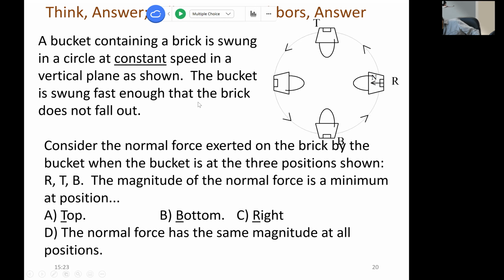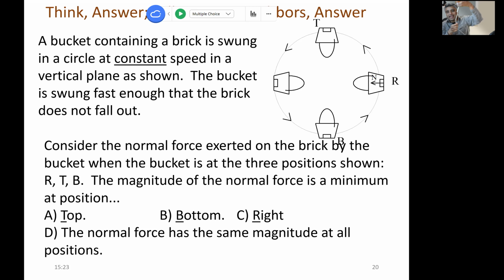Hey, I have a bucket just like that. Right? Do I have something that can go in the bucket? So I have this thing here, and when I rotate this in a vertical circle, at the top, what do we expect?